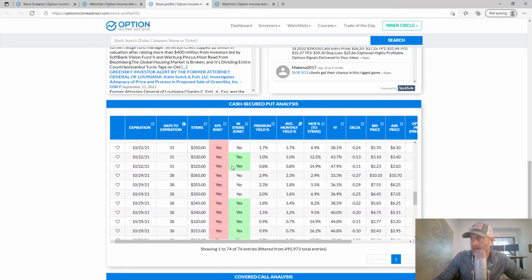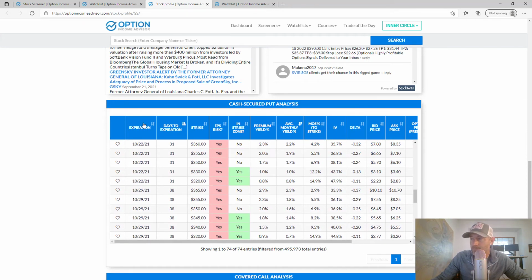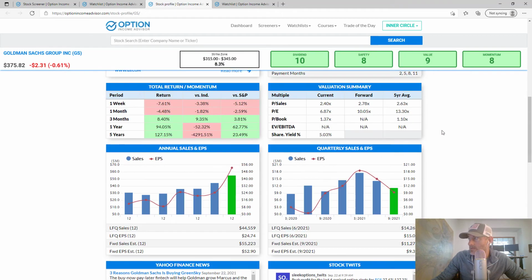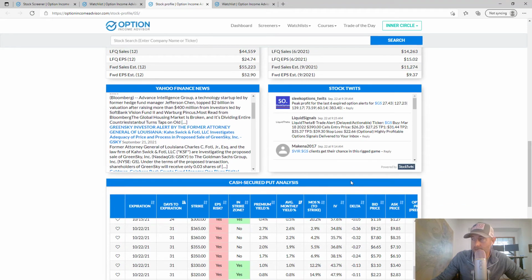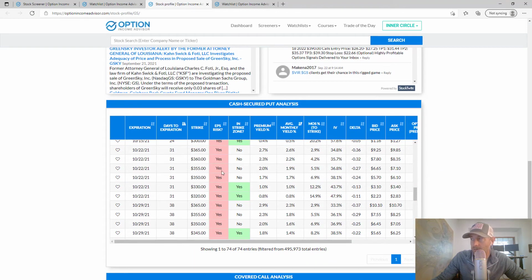As I'm looking at the cash secured put, for example, this one reports earnings in 23 days. So even the October 15th option has earnings risk. You can see that highlighted in red. Anytime I'm looking for a put specific transaction, I'm taking these off my watch list. That's why it's so important to create these watch lists.